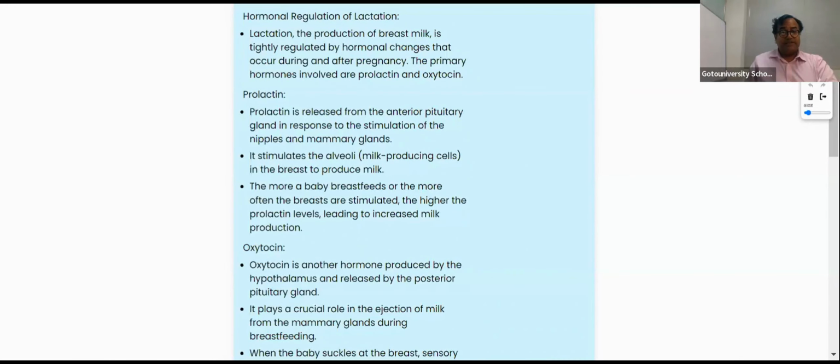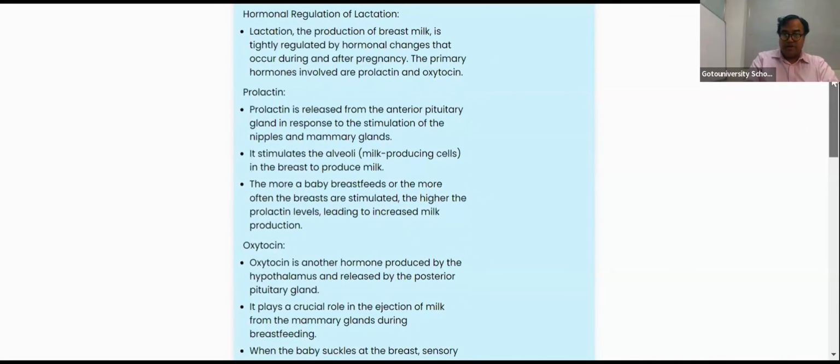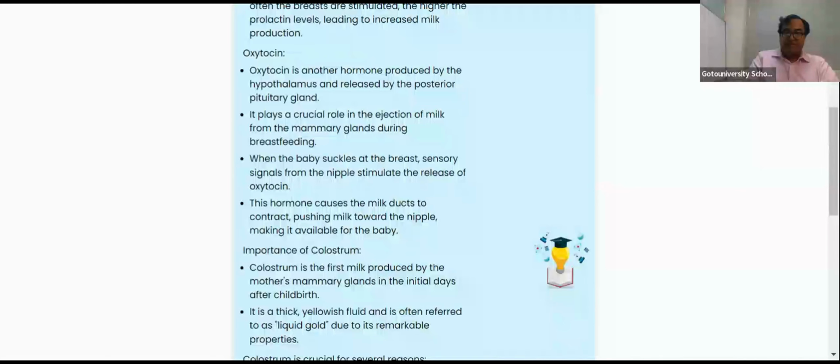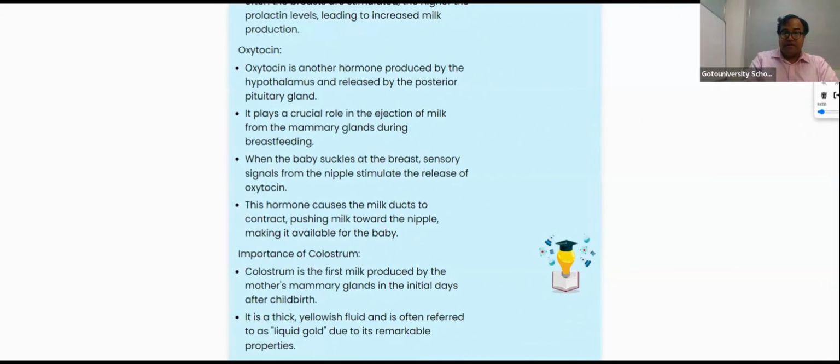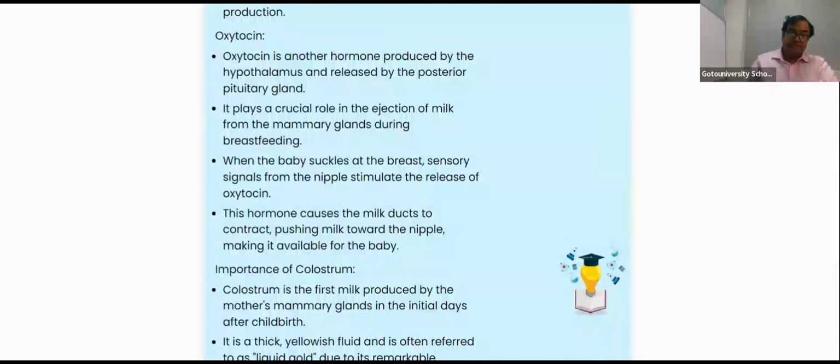Now we are coming to the next segment. We told you that oxytocin, besides uterus contraction, also does breast contraction for effective lactation. So we know the hormones mainly responsible for milk production other than oxytocin.